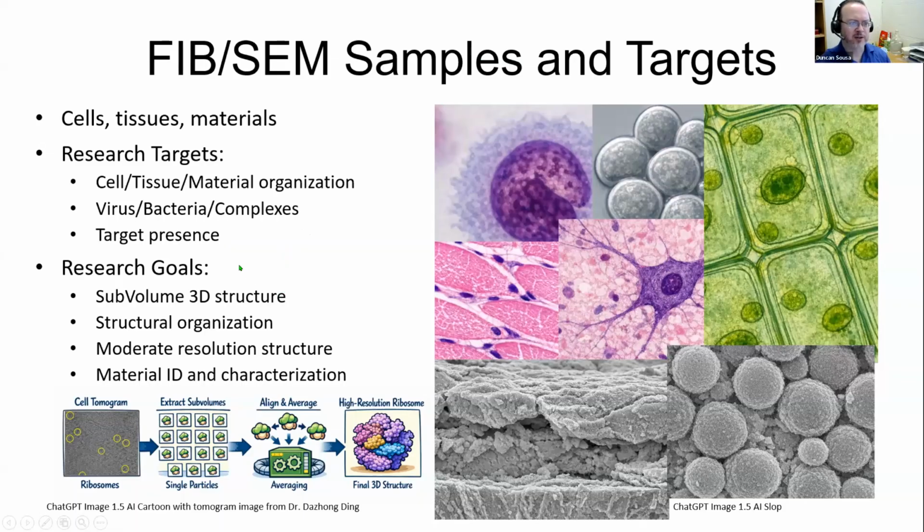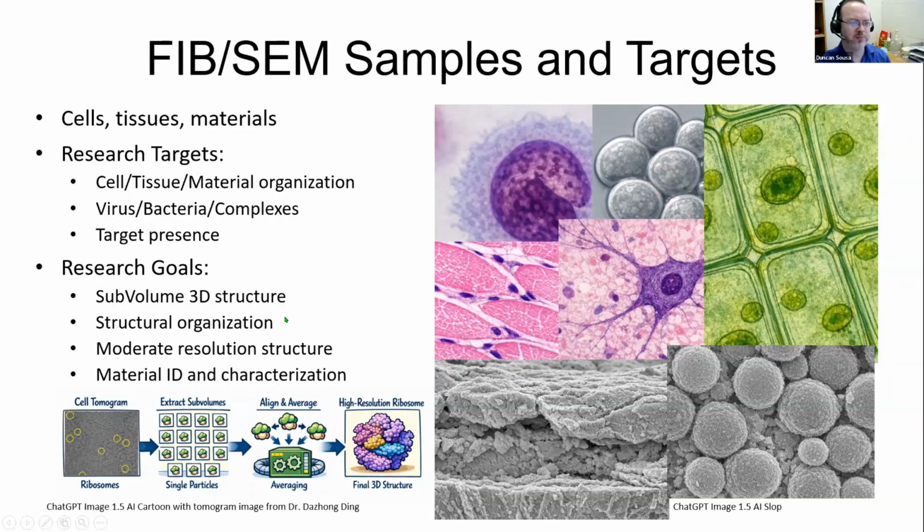Once we know what we are trying to look at, we should really consider our research goal. So what is our goal? Is our goal a sub-volume 3D structure? That is the very sexy thing that everybody likes to talk about and has really nice data and really gives you insight into, for instance, what is the ribosome actually doing in the cell without being disturbed or fixed or otherwise changed.